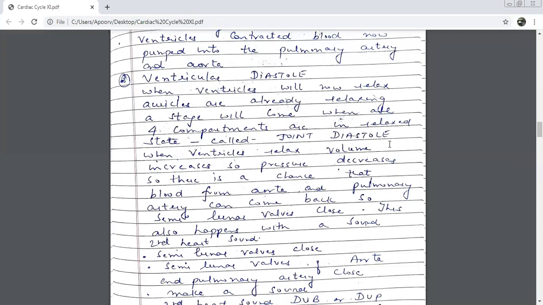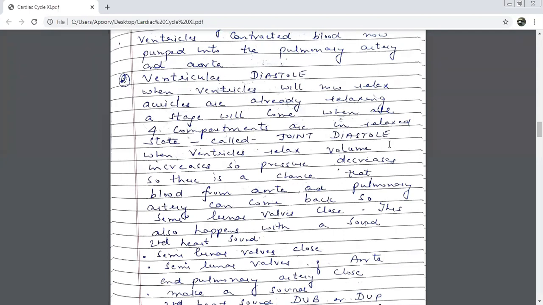And we just now discussed that when ventricles relax, what basically happens is now the area or the volume, it increases or decreases? Increases. Beta, if the volume increases, what happens to the pressure then? It decreases.